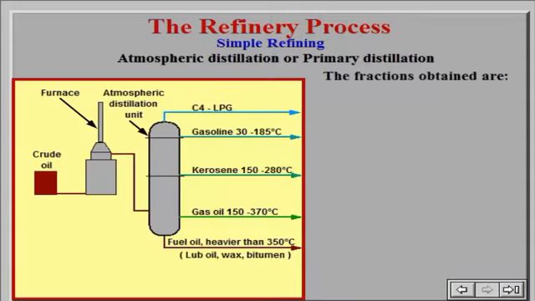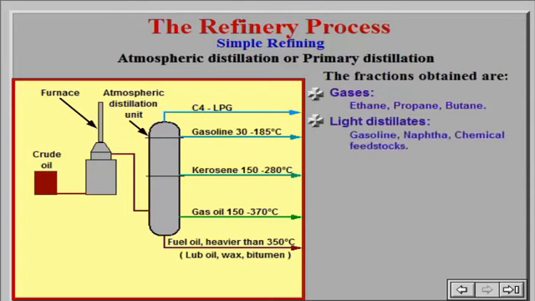The fractions obtained through atmospheric distillation are gases such as ethane, propane, butane. Light distillates such as gasoline, naphtha, chemical feedstocks.